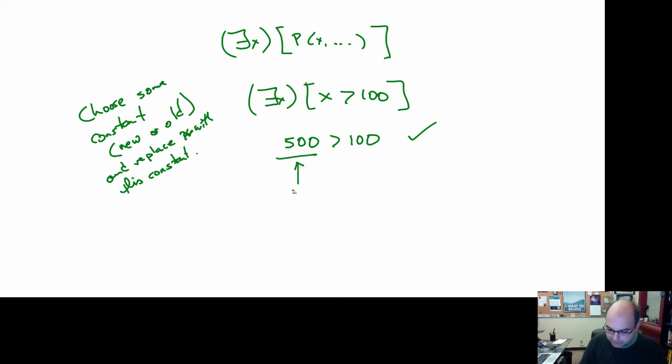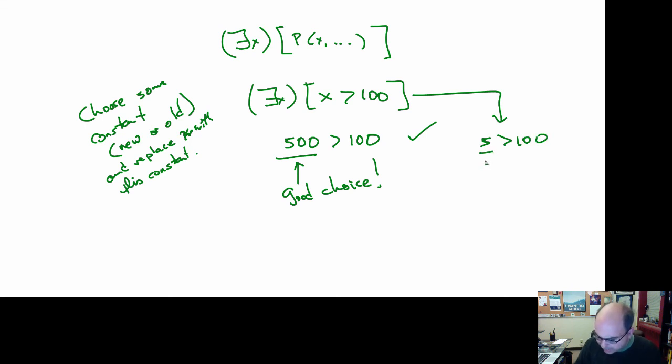This was a good choice. I could have actually tried to prove it with, say, x equals 5, and then I would need to prove that 5 is greater than 100. That's actually not true. I'm not going to be able to do that. That is a bad choice.